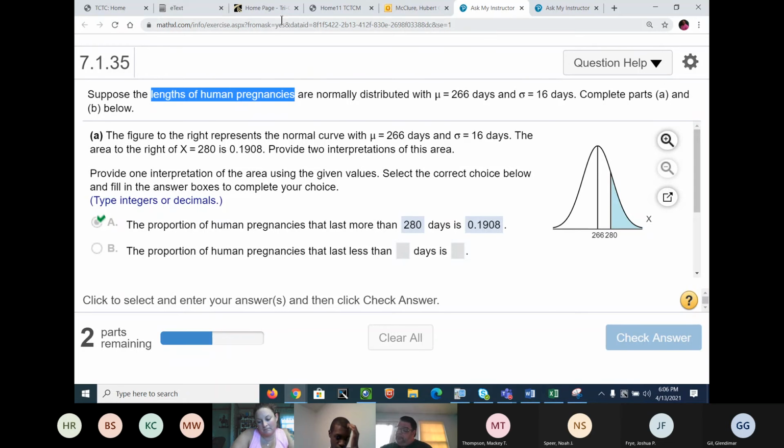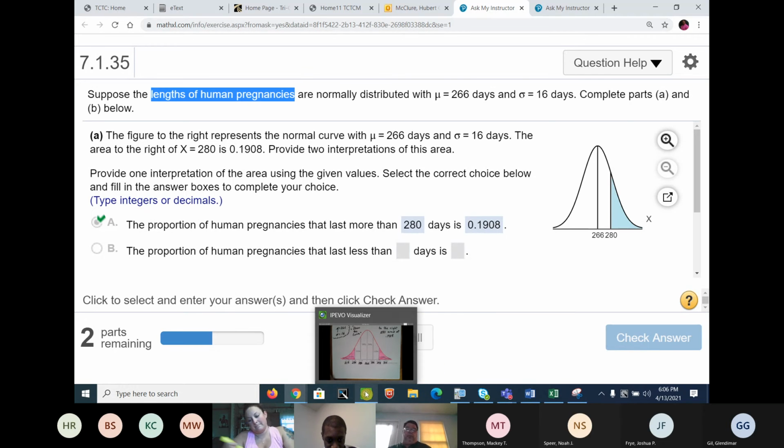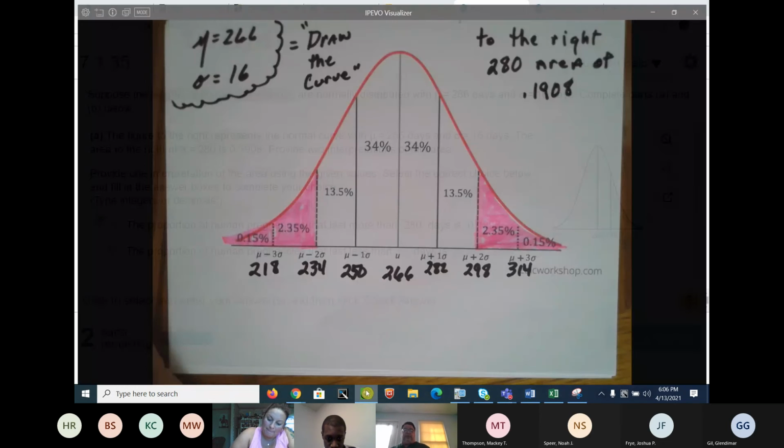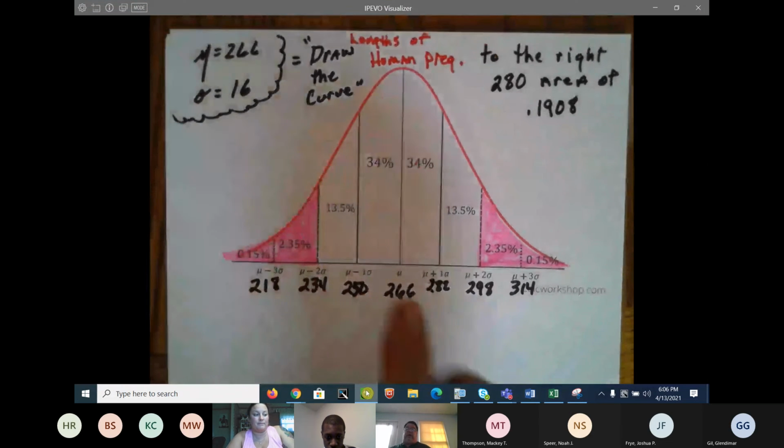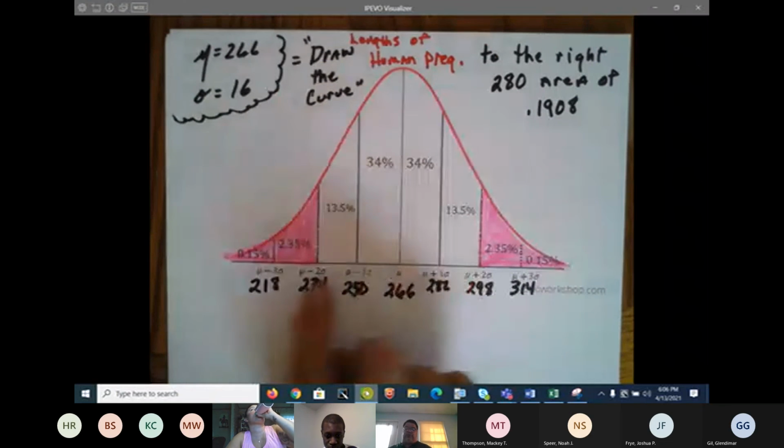Lengths of human pregnancies. I'm just going to say preg. And I put that at the very top of my graph. Now, why did I do that? Because you are giving context to this question.